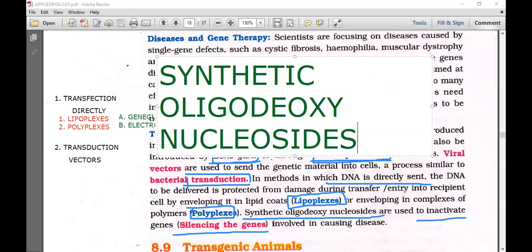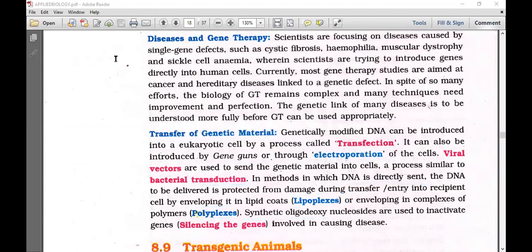So this is with the synthetic oligodeoxynucleosides. We are ending the gene therapy. If you remember the basic line of the story, that will be very easy for us. And we can learn this in the form of definitions, isn't it?